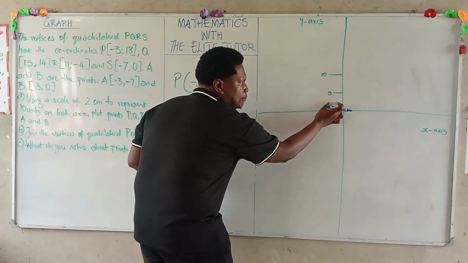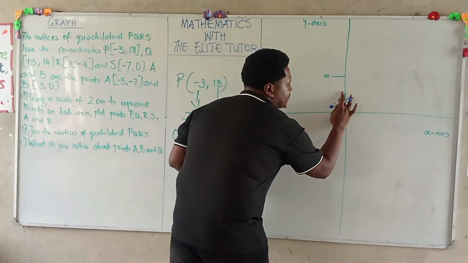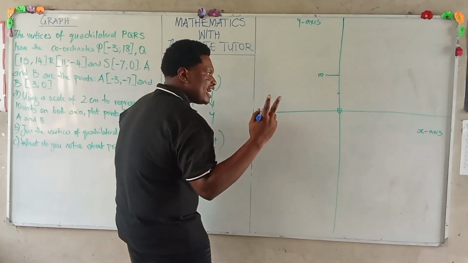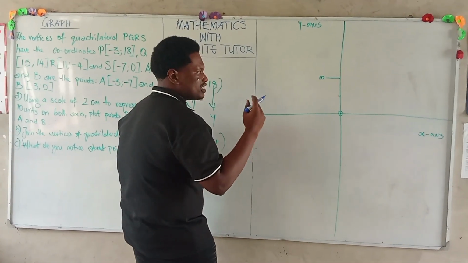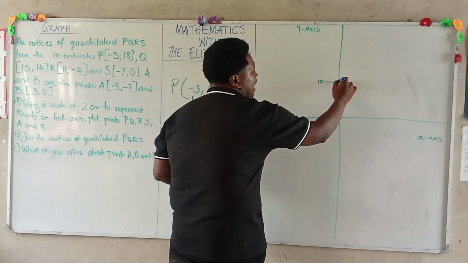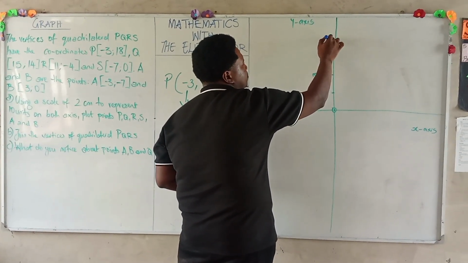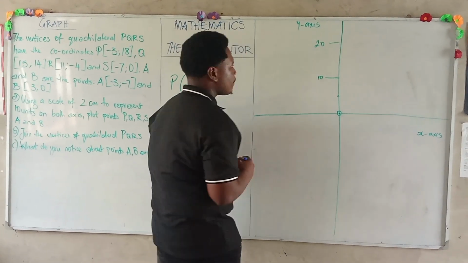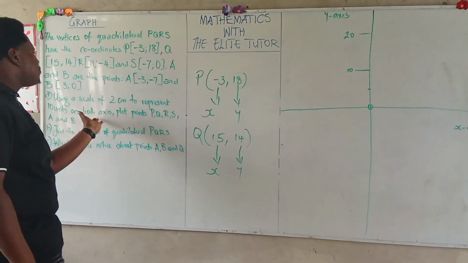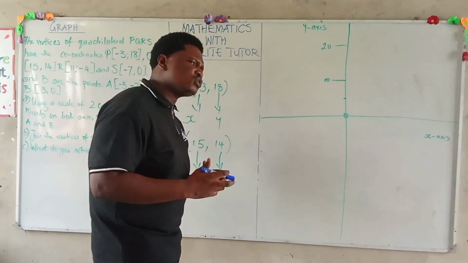This is the first box and this is the second box. So 2 cm representing 10 units. Then from here to the next 2 centimeters we have 20. Now don't forget, the question said we should use the scale for both axes. Now I'm going to be working with values of 10 and 20.